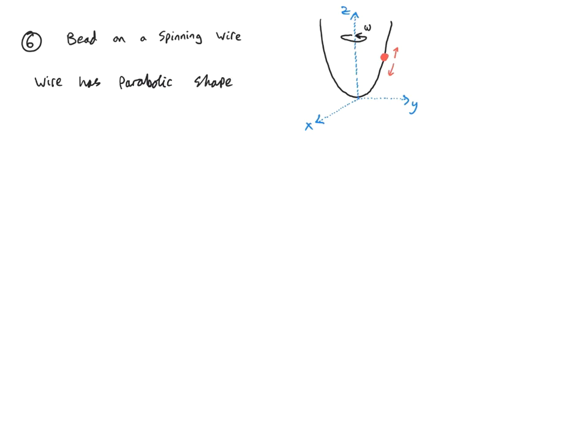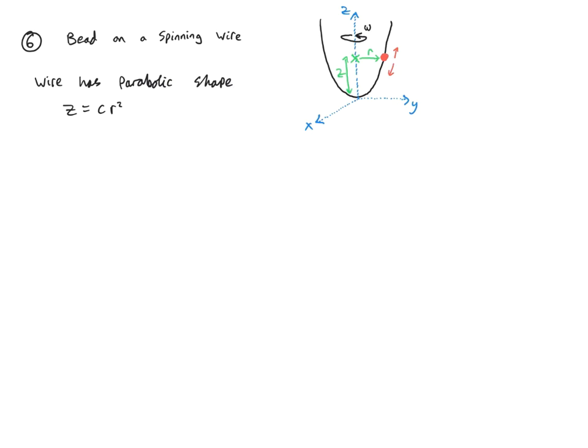And by parabolic shape, what I mean is that the z-coordinate is connected to the radius by this equation with some constant c. By radius here, I'm referring to, let's say, the particle is at a distance z on this axis, and the radius is exactly this distance from the z-axis.